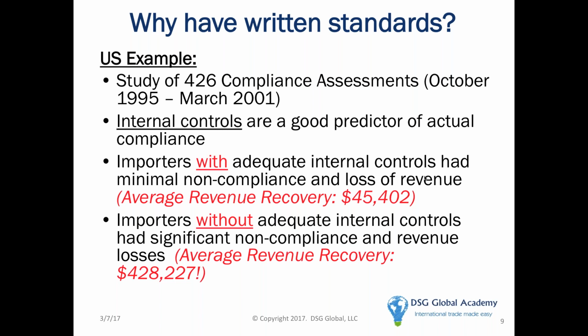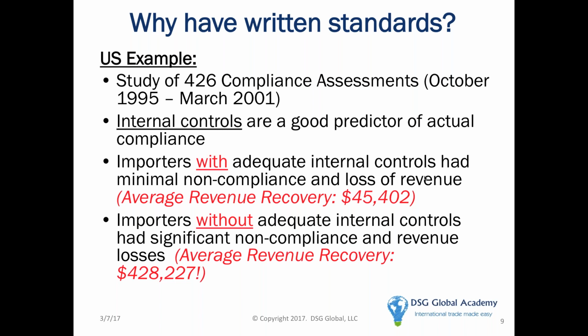And let's see what they specifically saw. They saw that companies that did have good internal controls, that means they had written procedures, management support, training, identified responsible individuals, had a very minimal duty recovery at the end of an audit, just about $40,000. And that was peanuts, really, some error here and there.